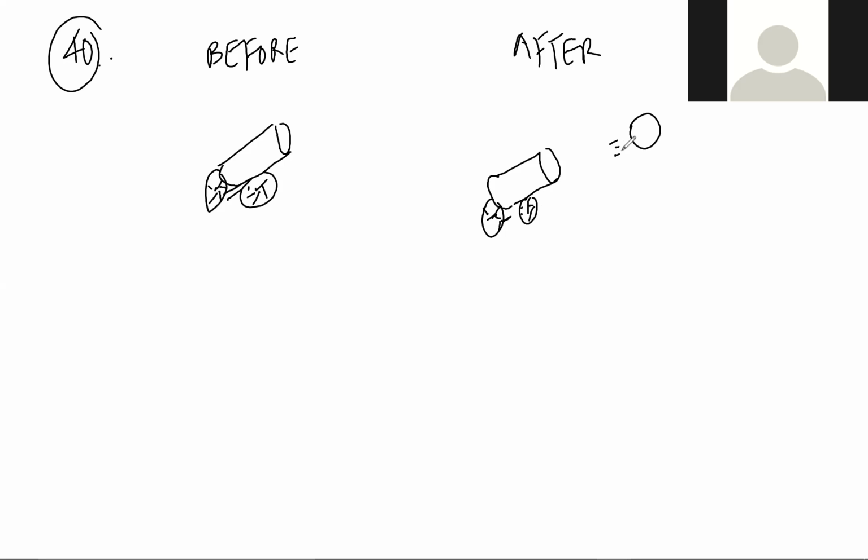A cannonball of mass 5.5 kg, 5.5 kg, and it fires a ball, so this is moving at 35 meter per second. And the cannon recoils. You need to label everything. So it's better to draw. If you draw it out, it will be clearer, so it's easy for you to label. So you label it recoils. So this is the recoil at V. I don't know what V is, so I just put V.